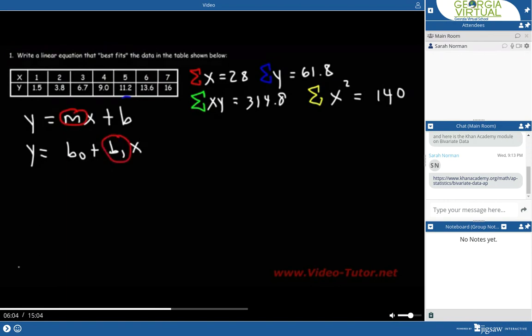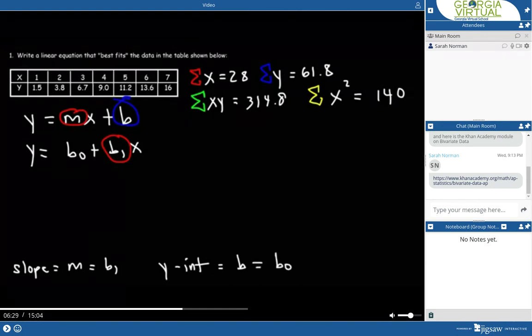So the slope of the line is equal to m, which is how you'll see it in algebra, but in statistics, you might see b1. Now the y-intercept in algebra is represented by the symbol b. I'm going to highlight that in blue. In statistics, you'll see it as b0. These two numbers are the same.